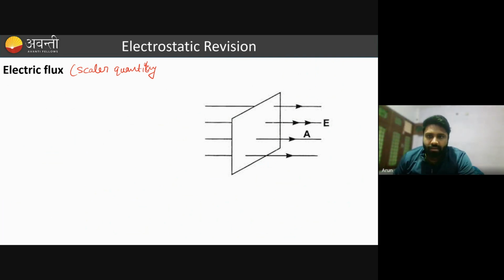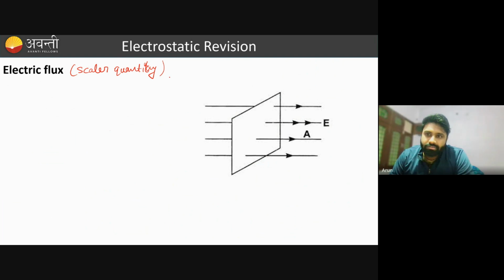Okay. Now if I want to know the actual meaning of it, the electric flux is nothing but what?